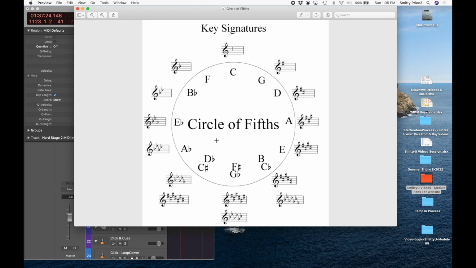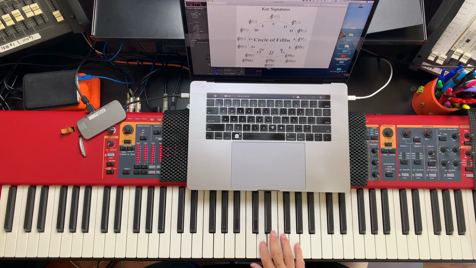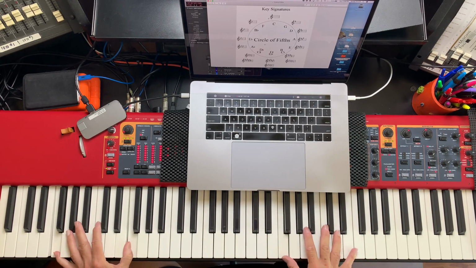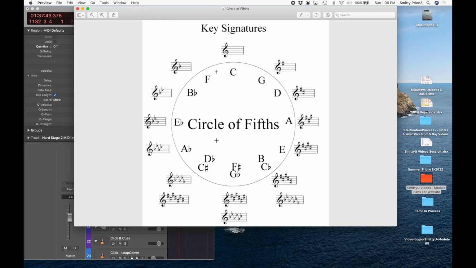Now, if we look to the left side of the circle, all these keys have flats in them, all the way around to 7 flats, actually right here. So if we go up a fourth, like we did earlier, to F, we go from C. Now we're in the key of F, and you remember that key had 1 flat in it, the B flat.